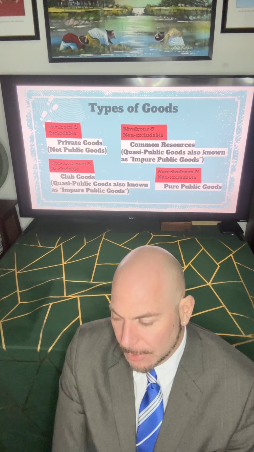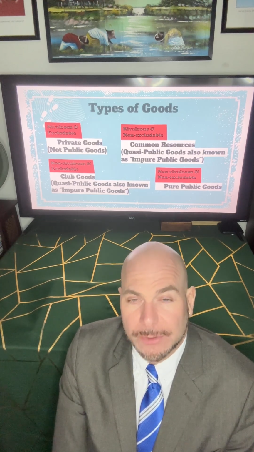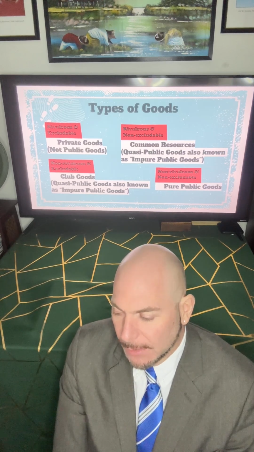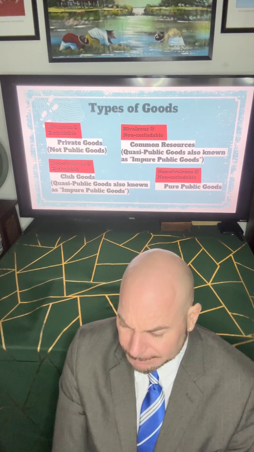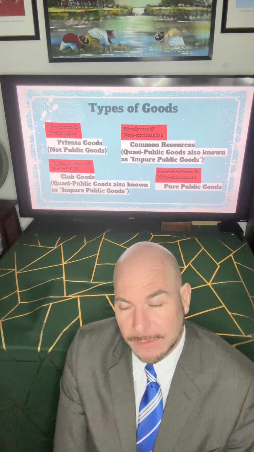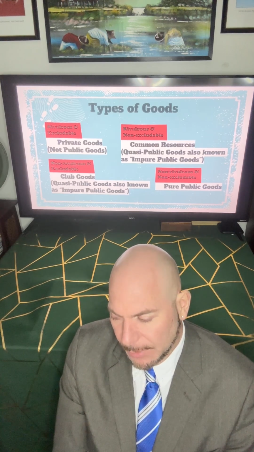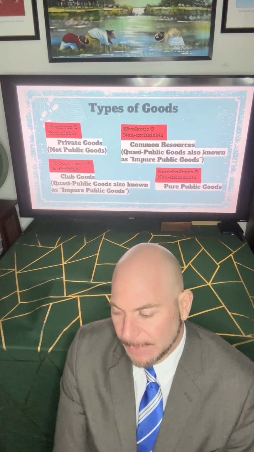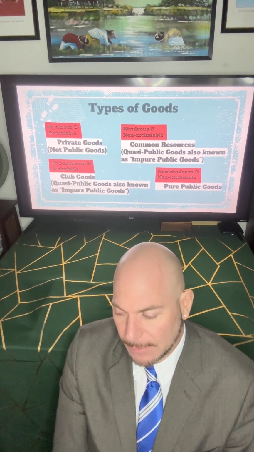On the other hand, club goods are quasi-public because they have some elements of what a public good would be, which we'll be speaking about in a moment, as you see in the chart here. But club goods are when you would have excludability, but when people use it, it does not diminish the supply.